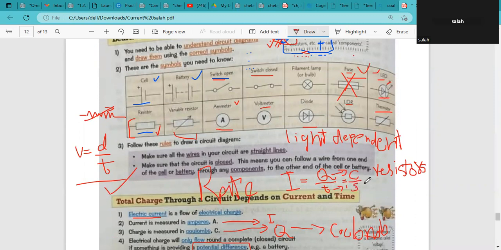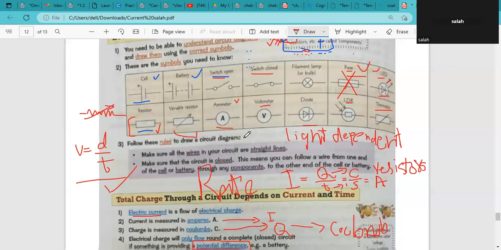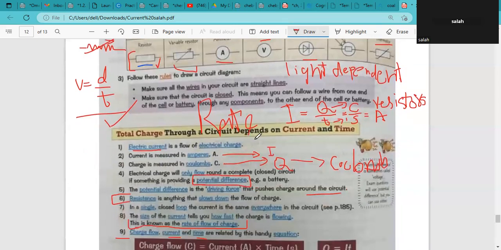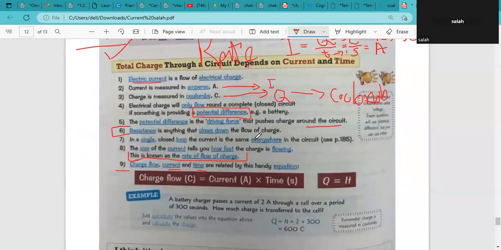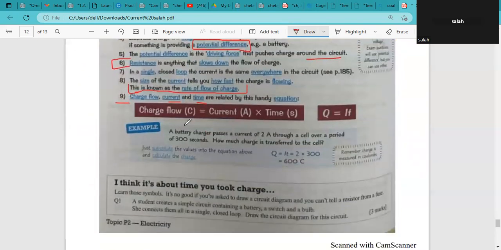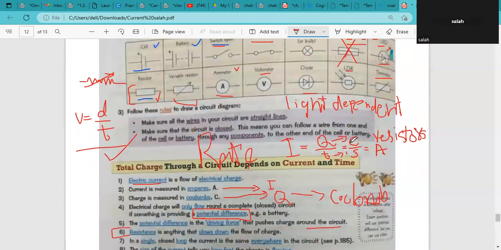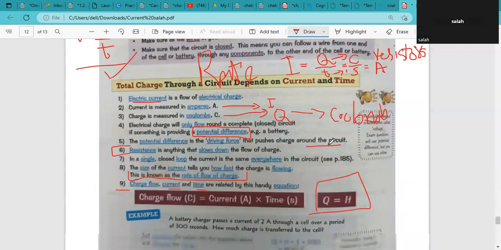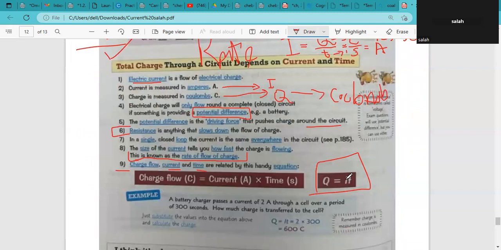So it is coulomb per second, which equals amperes. We call it amperes. So this is the equation we derived. If you take t to the left side, it becomes Q equals I times t.